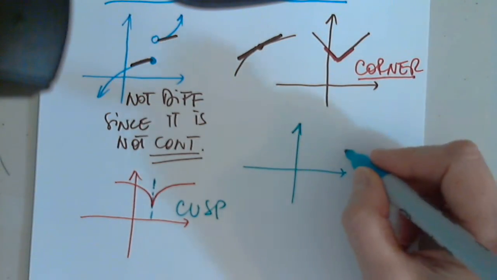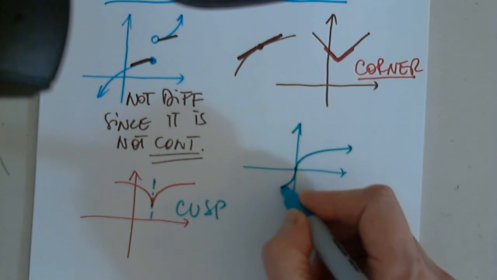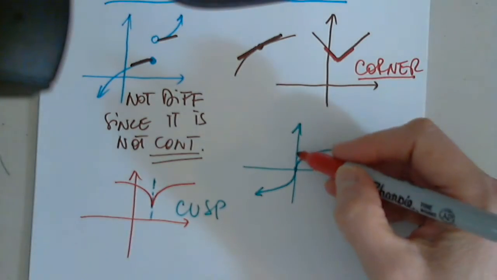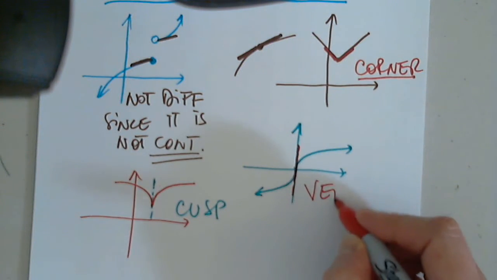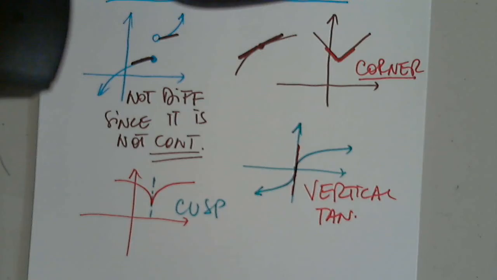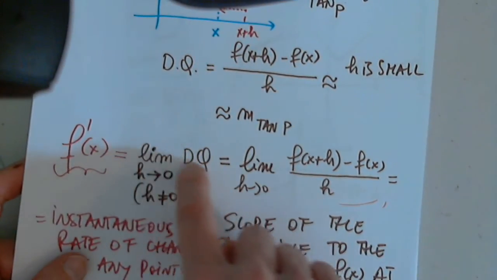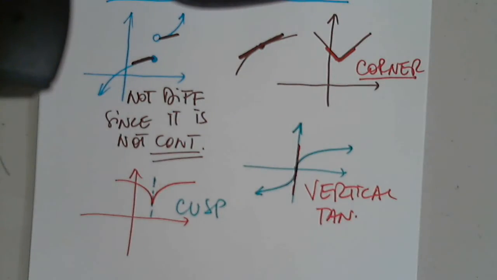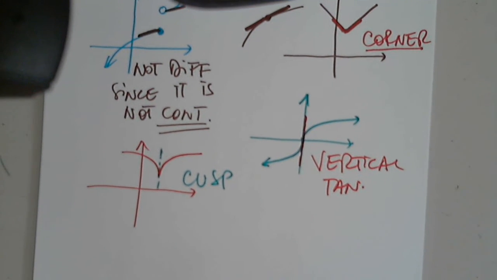I'm sorry, the cube root of x, I meant to say. The cube root of x has a vertical tangent here. What does the vertical tangent mean? The limit is infinity, or negative infinity, or does not exist. So these are the situations in which a function is not differentiable.